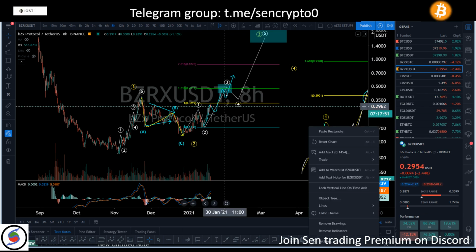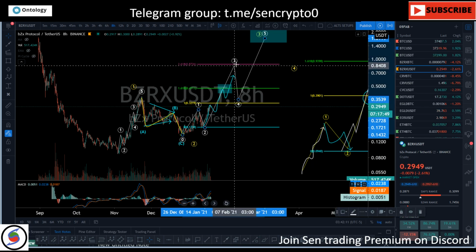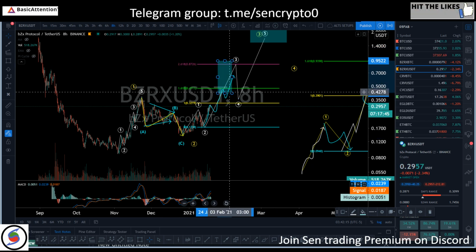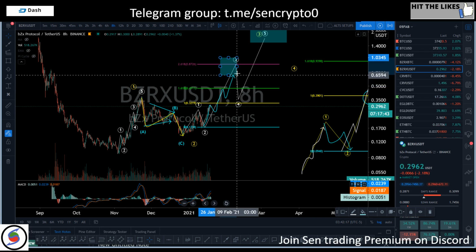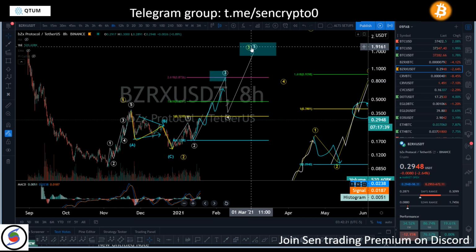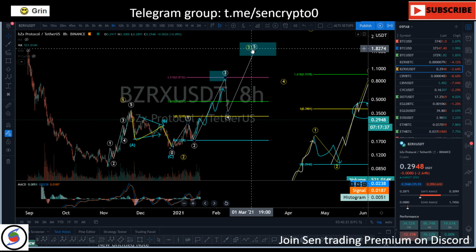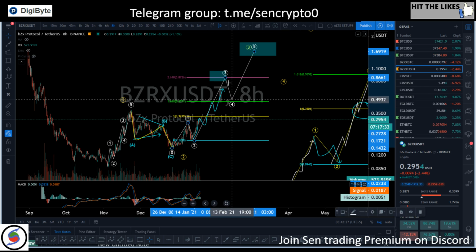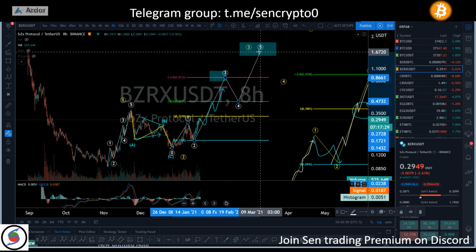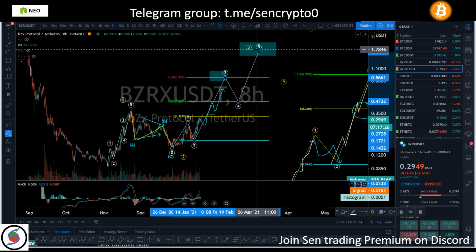It also could be wave number 3, we just don't know. It could be very, very elongated, which is also very possible because we know our wave number 3 is going to go all the way up to $60. So we also could get a very big wave number 3, in order to avoid getting a big wave number 5. You see what I'm saying?